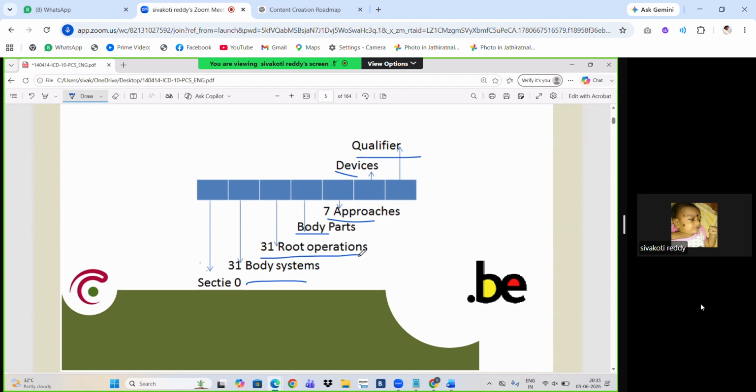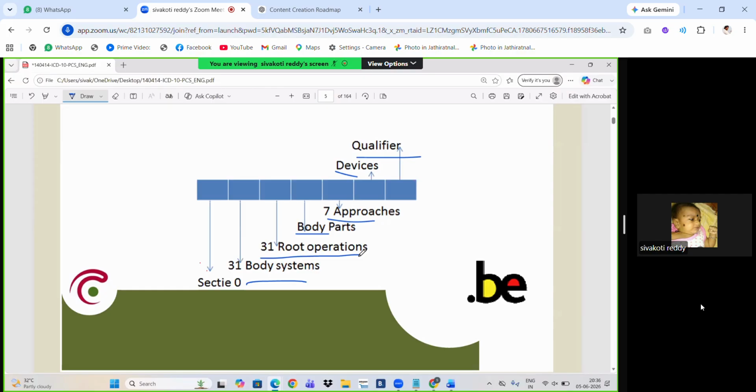Based on the 6 characters except root operation, root operation should be the most important character in the PCS code, guys. Whoever understands the root operation definitions will get the code. If you are unable to find the root operation, the code will go wrong.